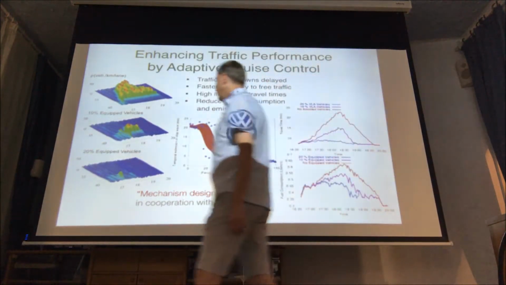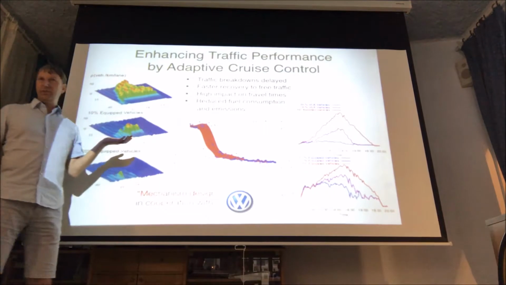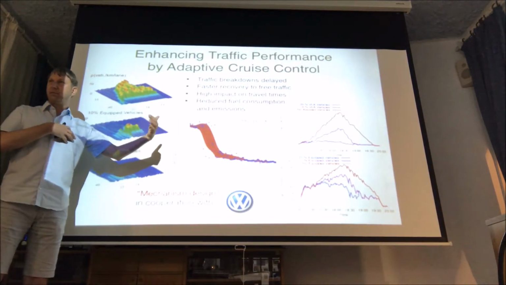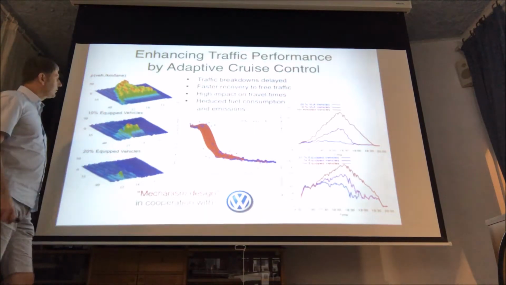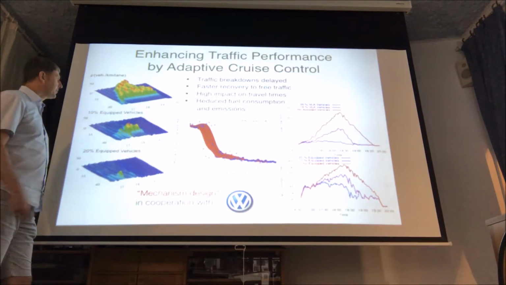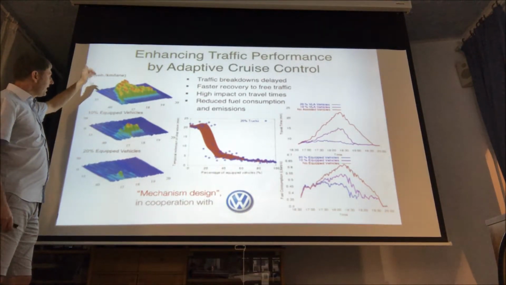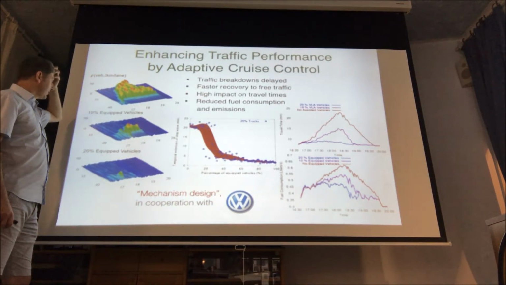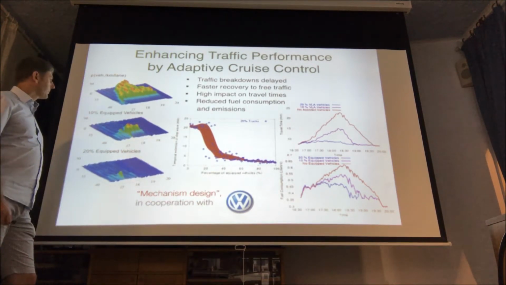And you can see over here, it works not only if all the cars are equipped with that technology, basically a radar sensor that measures the distance and relative velocity, and then lets the car drive autonomously, slightly differently from humans. It works also if there's only a certain percentage of cars using that technology. That makes it interesting for the market entrants.